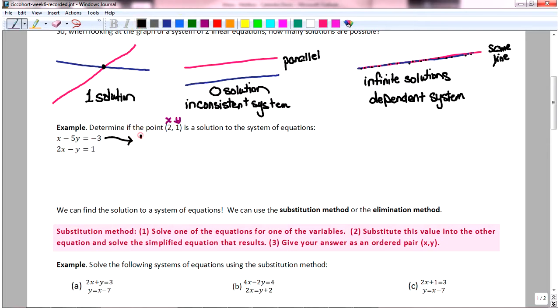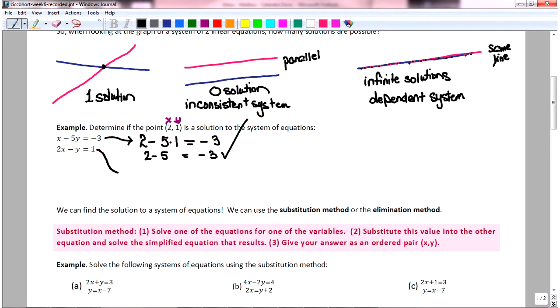So in the first equation, we get 2 minus 5 times 1, seeing if that equals negative 3. So we end up with 2 minus 5 equals negative 3, and that works. Well, we can't say that that's a solution to the system yet. It's just a solution to the first equation.